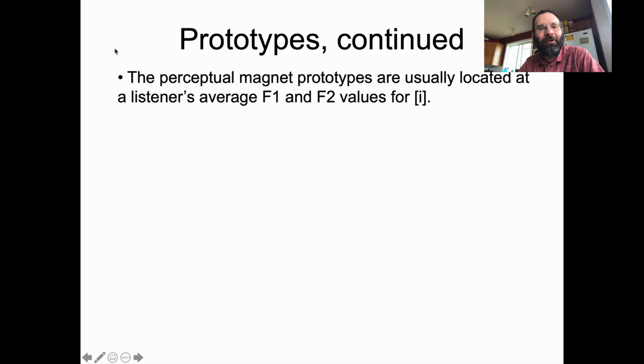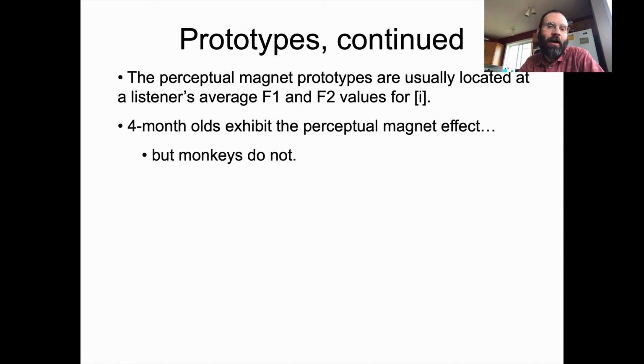Yeah, so the perceptual magnet prototypes in that previous study, which was done by Pat Kuhl in the early 90s, are usually located at a listener's average F1 and F2 values for E, which is kind of neat. And they also looked at whether babies do this, and they found that they do. Pat Kuhl has done a lot of research over the years with infant speech perception.